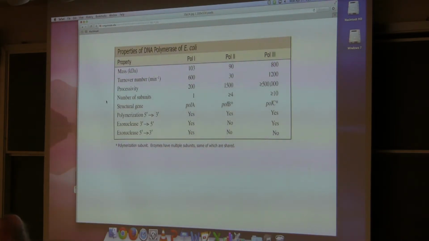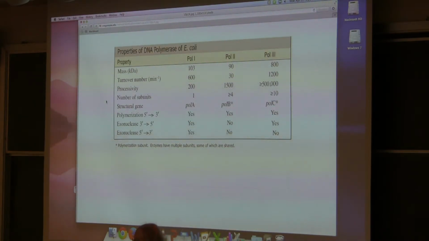Our cells and E. coli's cells have many different DNA polymerases. In E. coli, there are actually 5 DNA polymerases, 3 of which have numbers and you see on the screen. You've seen 2 of them so far. You saw polymerase 3 and you saw polymerase 1.